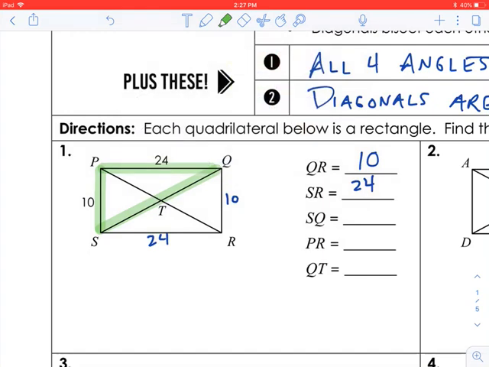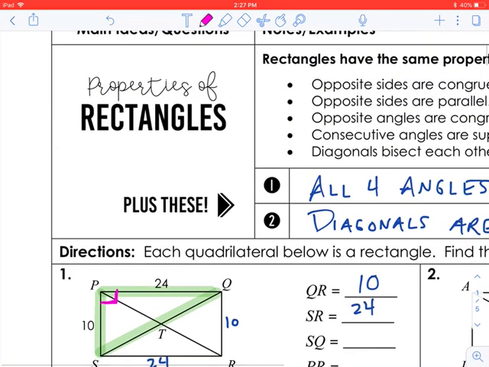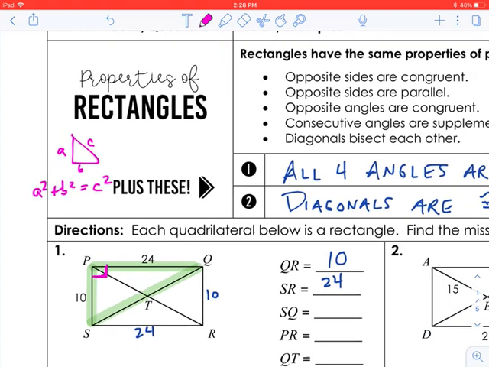Anytime you have a right triangle, you can use it, which says a squared plus b squared equals c squared.